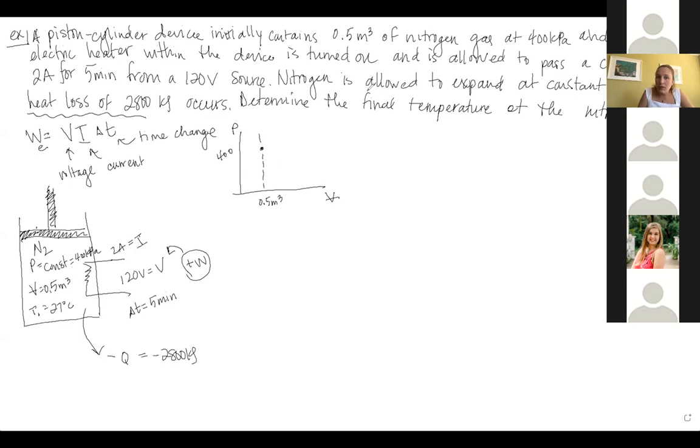We're told that the nitrogen is allowed to expand. So we have this piston that's coming up, so we know that we're going to have an expansion here. We're going to have some unknown larger volume, but we know at point 2, we're going to be at the same pressure. So our process diagram from point 1 to point 2 is going to look something like this.